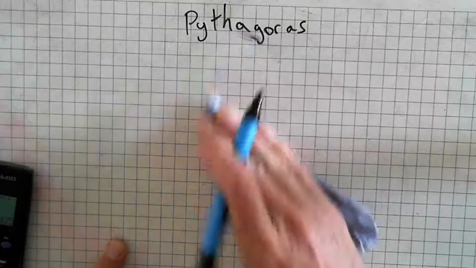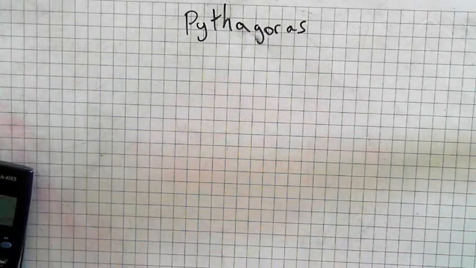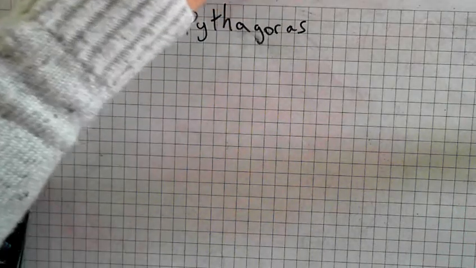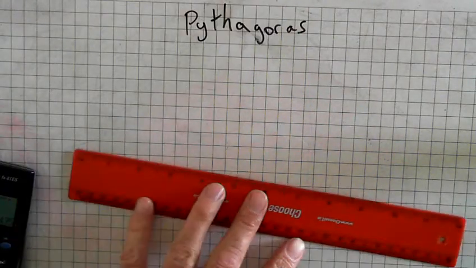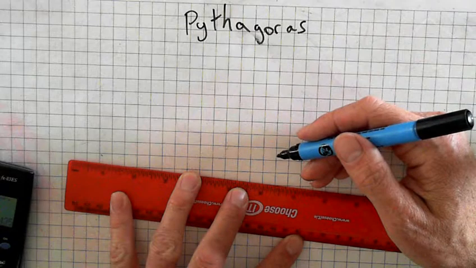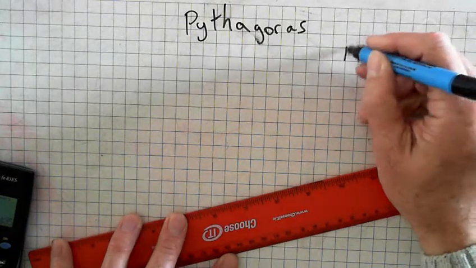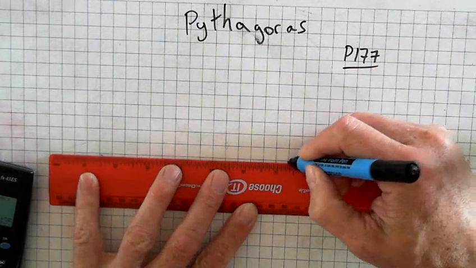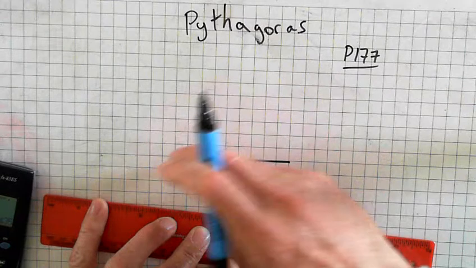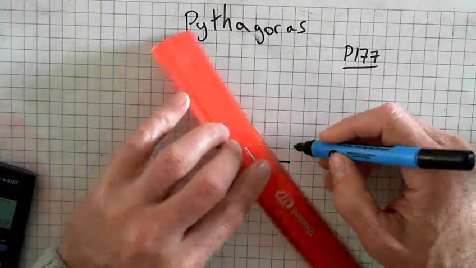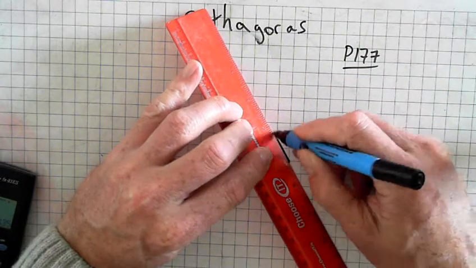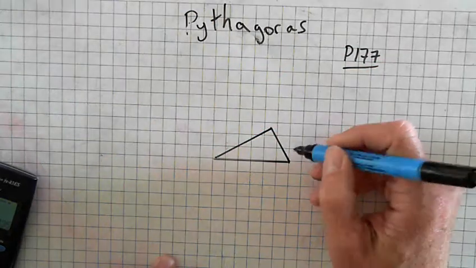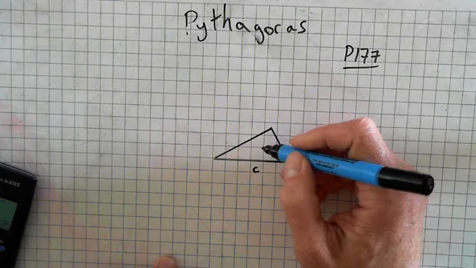Right, look at one or two question 4s here. You might find this one difficult. It was exercise 8, question 4, page 177. Because of the way it's set out, I'll draw it first. Just look up, I don't want you to write it. Alright, so we're looking for C. There was an 8 and a 5.